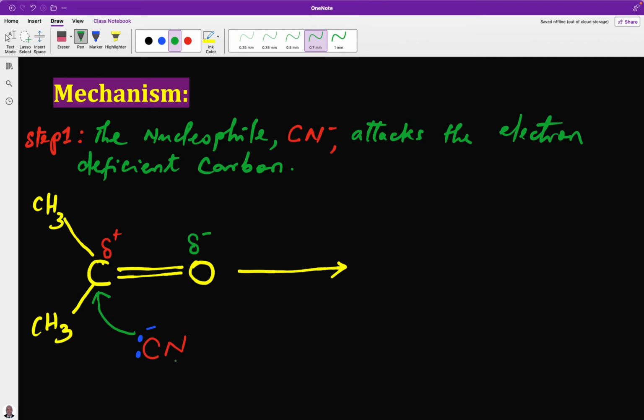That shows the nucleophile attacking the partial positive carbon, the carbon of the carbonyl group. As it is attacking it, what happens? There is movement of this bonding electron towards, okay, let me represent it using another arrow.